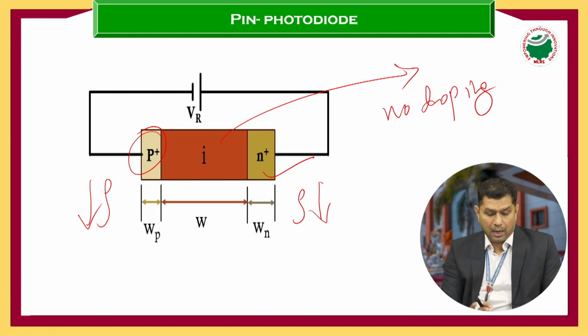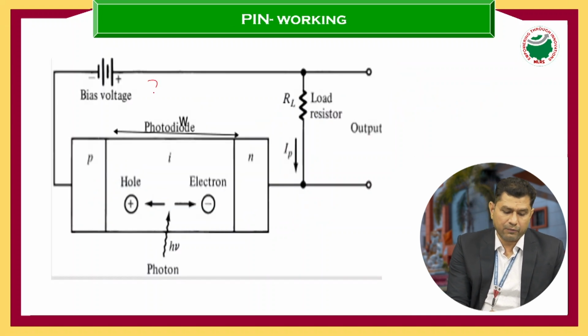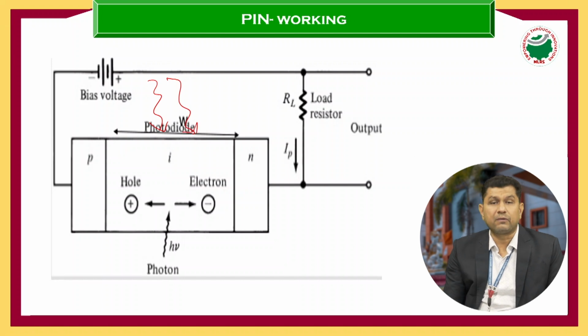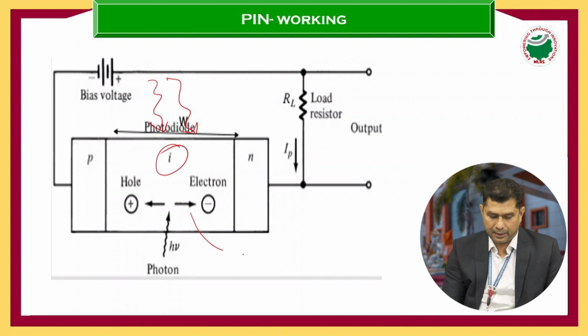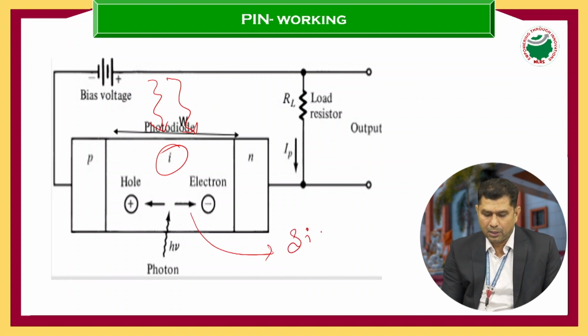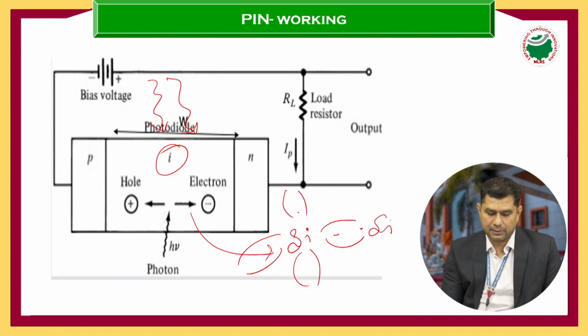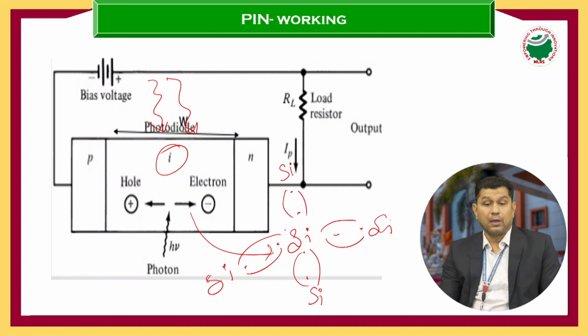Now, on this PIN diode, when we make light incident, what happens? Whenever we make light incident on this PIN photodiode, this is the intrinsic layer. The intrinsic layer is made of silicon, so silicon is covalently bonded with neighboring silicon atoms.